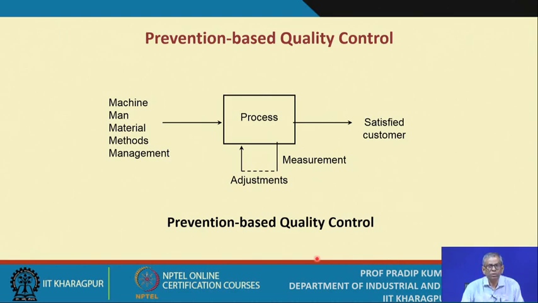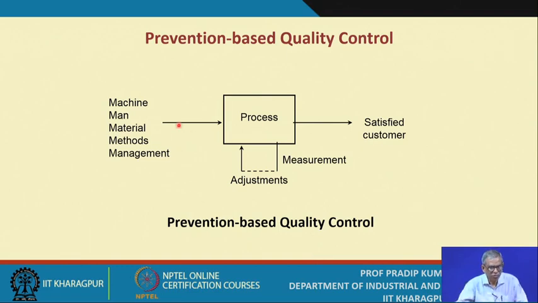For statistical process control, we assume that we are in a condition where prevention based quality control is a necessity, and for this control chart which you are going to use for statistical process control, obviously the system should be prevention based quality control.